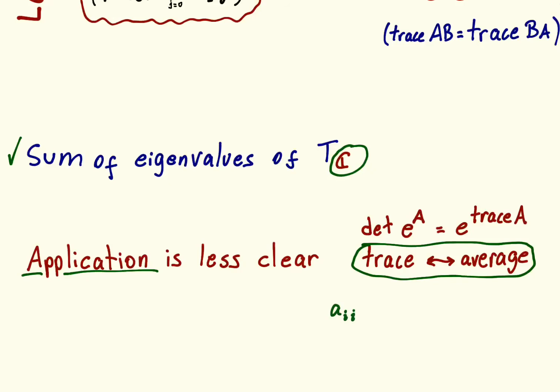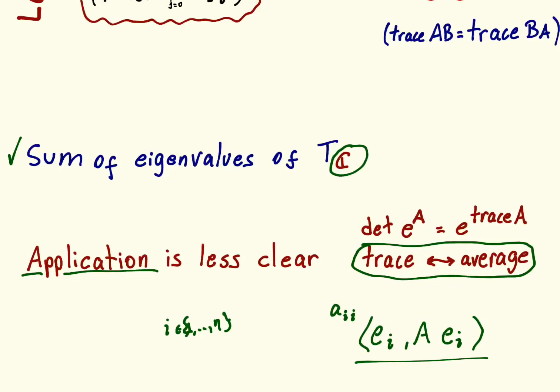A_ii we can think of as the result of applying a matrix A to some vector e_i and then taking the inner product with that vector again. And this inner product we can think of as some average, especially if later on, instead of having the index i in 1 to n, we have a continuum of indices, and the dimension, instead of being finite dimensional, is a continuum dimension.